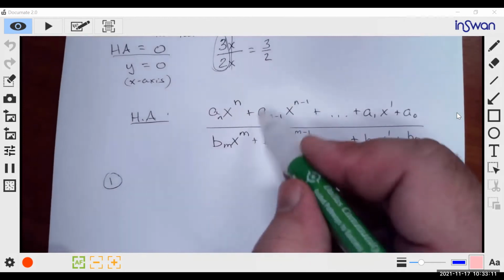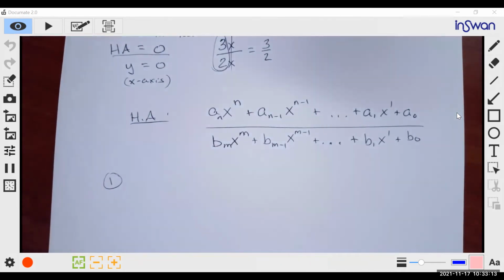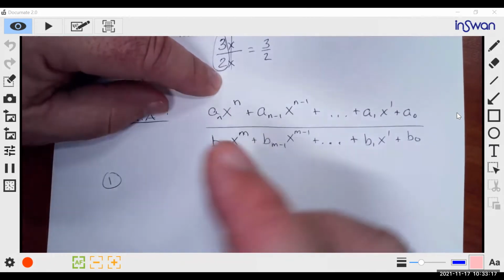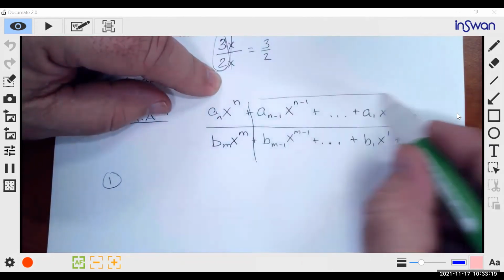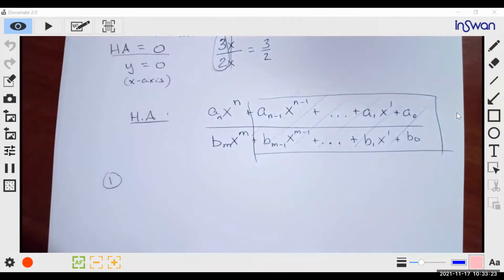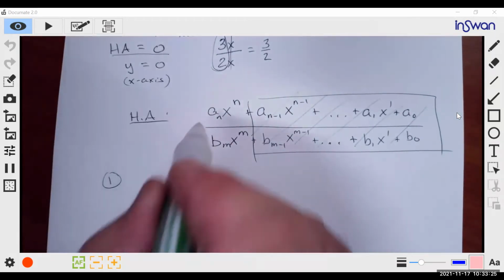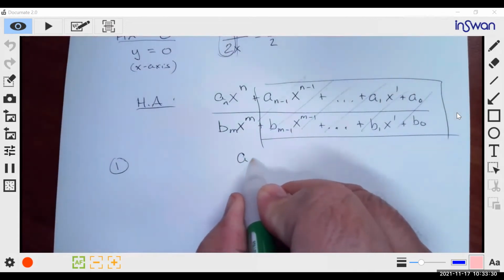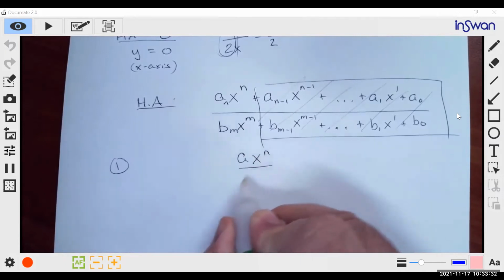Remember, when we look at polynomials, it's the leading term that dictates a lot. So forget everything back here. That's not important on the horizontal asymptote because the leading terms tell us everything. So we're only going to look at the leading term.